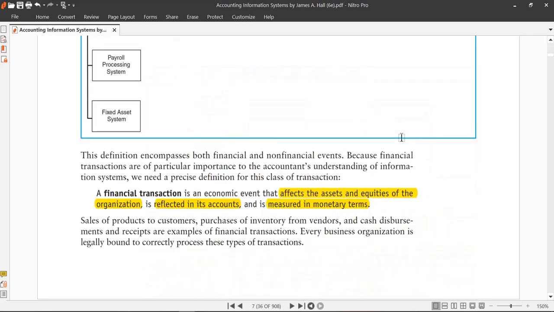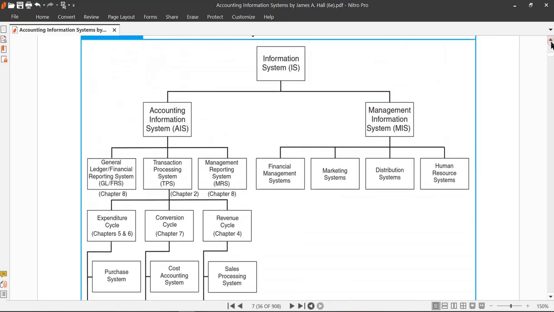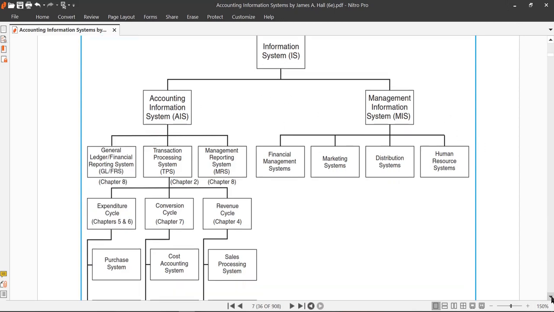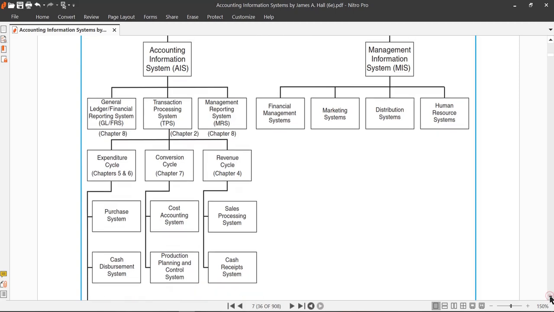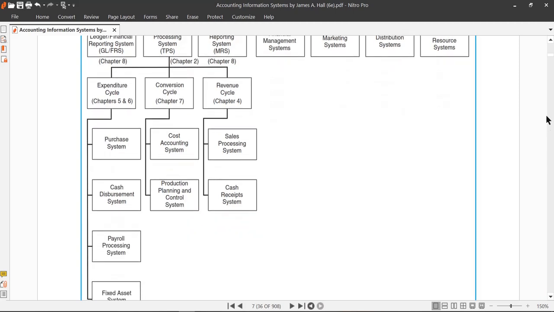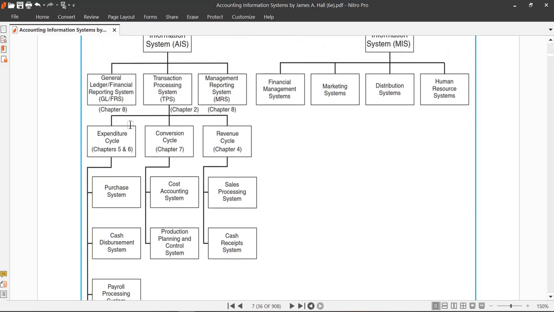Ayan. Highlight natin itong figure 1-3. Information system. May dalawa daw na broad class, AIS, MIS. And then under each system, there are subsystems. May PDF kayo, baka malabo to sa panonood nyo, pakicheck na lang. Pero ang gustong sabihin dito, if you will notice guys, may mga chapter: chapter 2, chapter 8, chapter 5, 6, 7, 4.